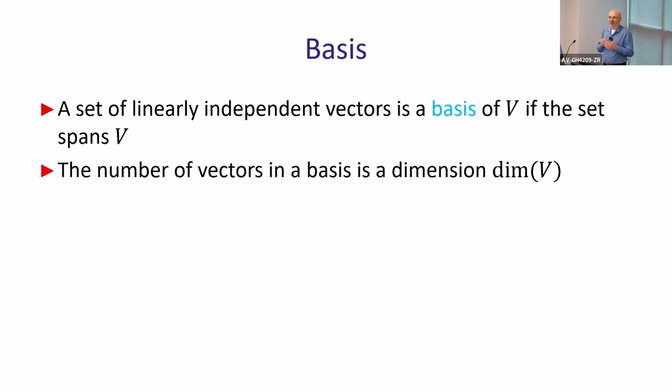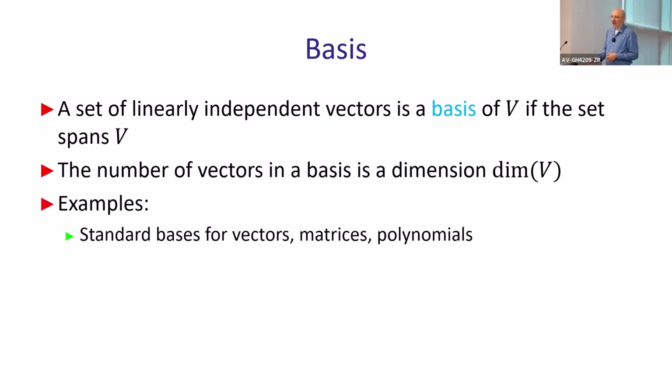So this is what dimension means, practically speaking. Same thing for other things. And for functions, for example, the dimension is infinite because you have an infinite number of points in the function. So it's an infinitely dimensional space.